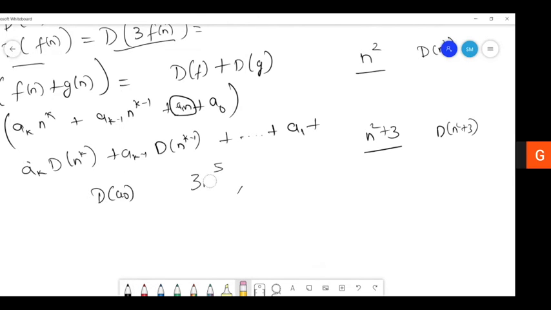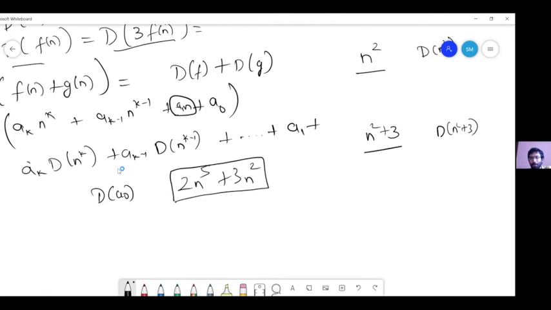So if I have 2n power 5 plus 3n square, can you tell me at what stage will it go to 0? Sixth order difference. Okay, sixth order difference is 0.